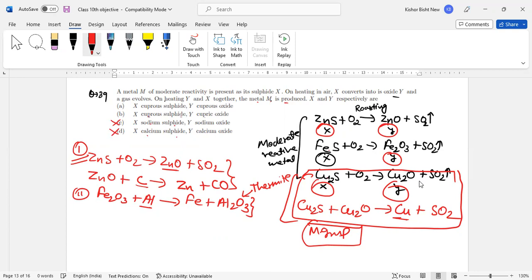Please remember, whenever the copper is in the first oxidation state, it means cuprous, ROUS, and whenever it is CUS, then cupric. In both cases the copper is in the same state, so cuprous is your correct answer. So answer A is correct. Please remember, all these three reactions are very important for 3 marks questions.